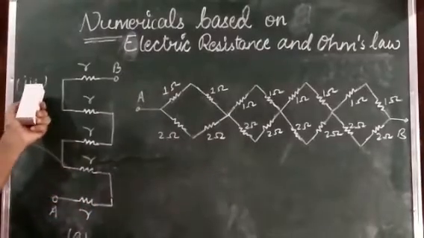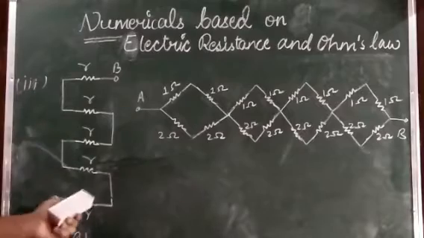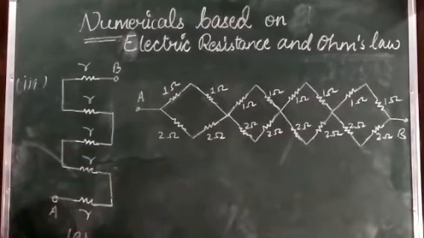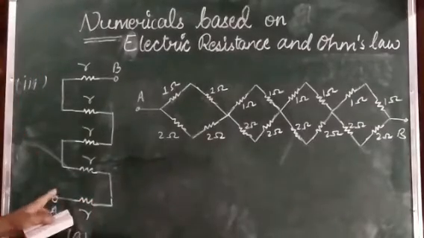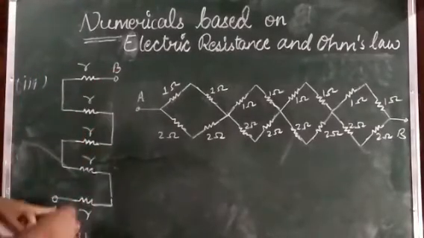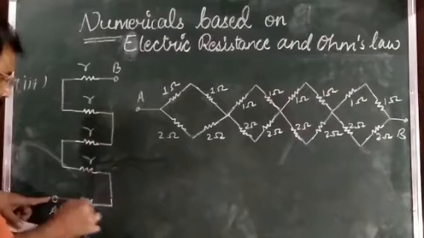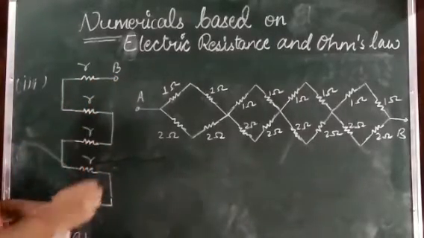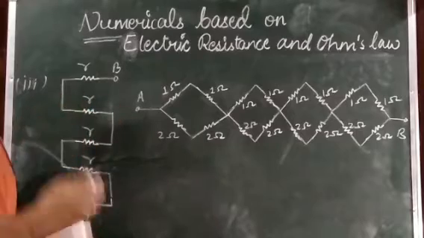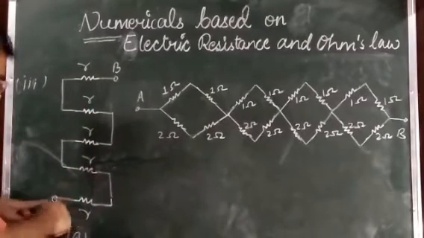Next problem, this third one. This one is very simple, the circuit is very simple, and our aim is to find the equivalent resistance between A and B. So between A and B, if you see all these resistances, then all these resistances are joined one by one. It means end to end.